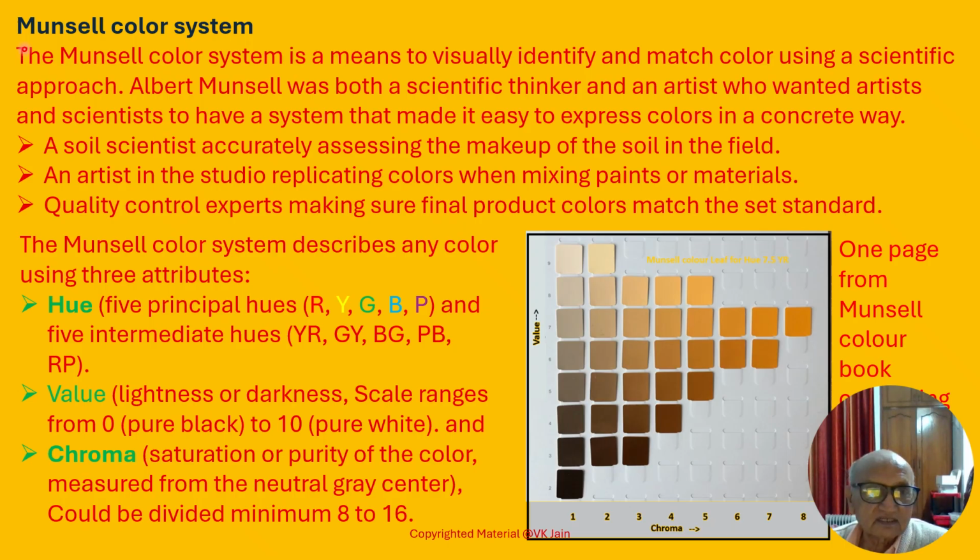The Munsell color system is a means of visually identifying and matching color using a scientific approach. Albert Munsell was both a scientific thinker and an artist who wanted artists and scientists to have a system that made it easy to express color in a concrete way.